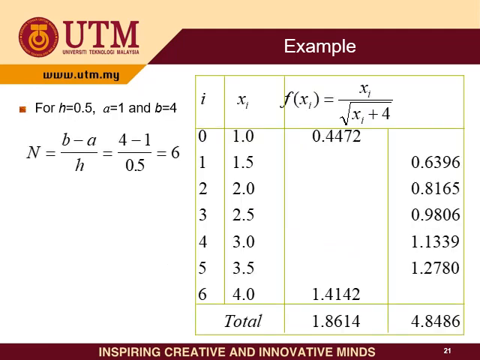As I mentioned before, this question gives you the h, and sometimes they give you the n. It depends. You can find them by replacing here: if they give you n, put n here and you can find your h. If they give you h, you can find the n. It depends on the question.